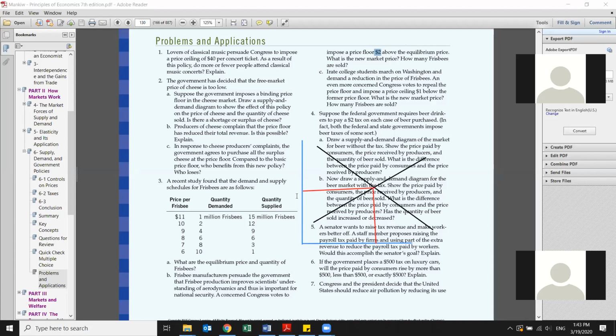This is $8, we said, and the quantity, as you can see, is 6.